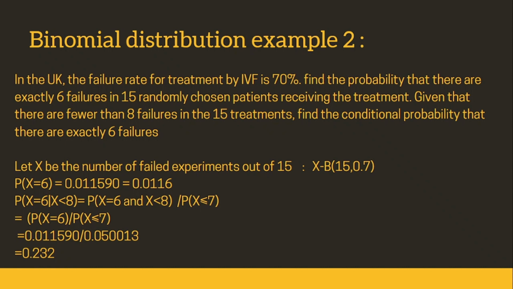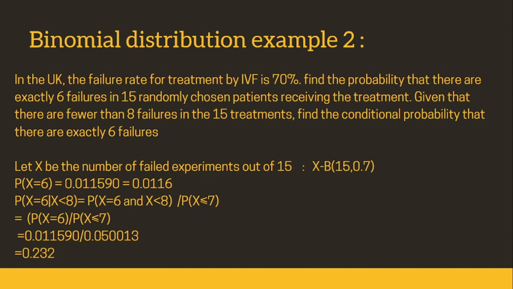Then the probability of success in this case is going to be 70%, which if we convert to a normal number is 0.7. So with that, you can then go to your graphing calculator and just put all the numbers in. You get, when P(X = 6), a value of 0.11590, which in this case you will round off to 3 significant figures, which is 0.0116.